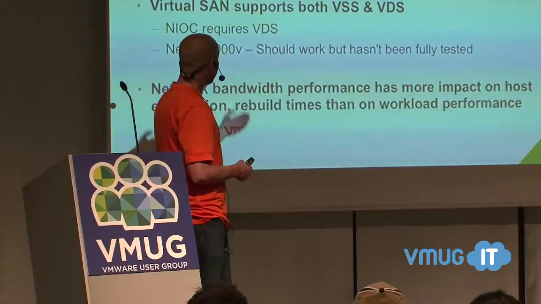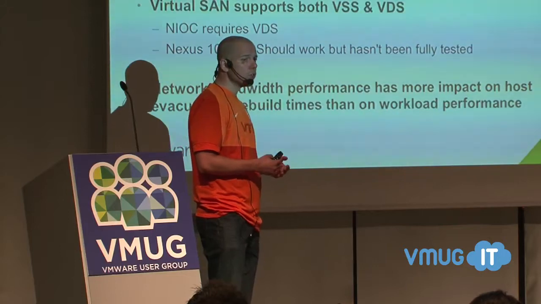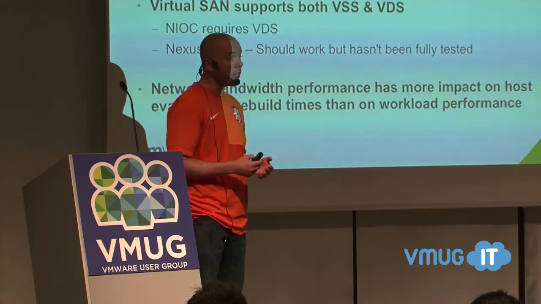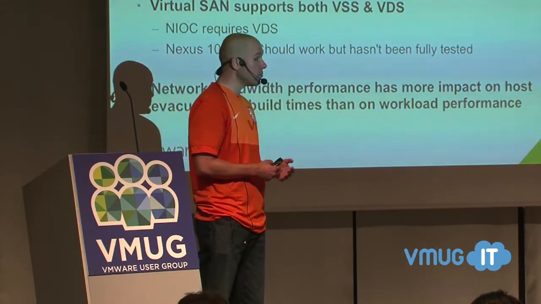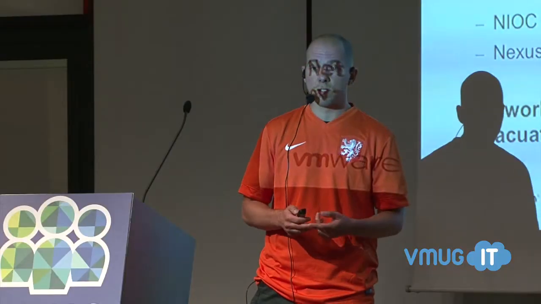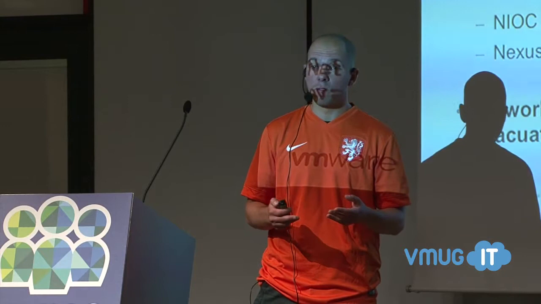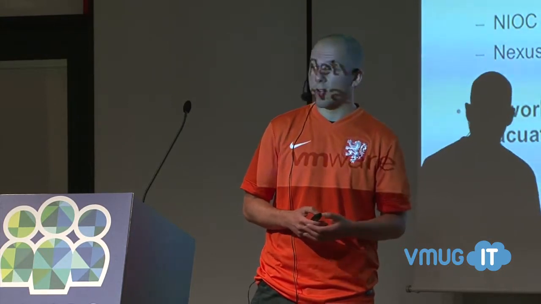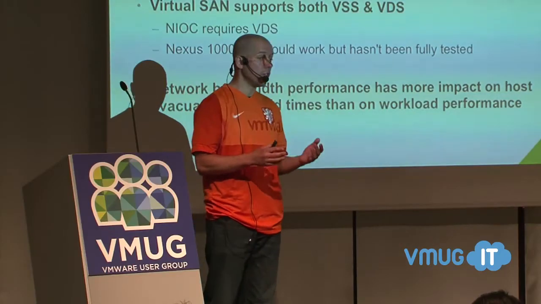So even if you're not using 10 gig networks, but you have multiple links, you have network I/O control at your disposal, and you can use the links with different types of VM kernels. So you can have vMotion traffic, management traffic, and VM network traffic all running over the same links. And you can use network I/O control to make sure that these traffics don't interfere.